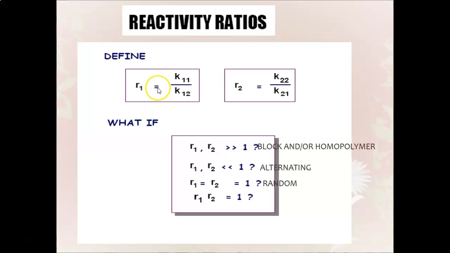r1 is the ratio of the propagation rate constant for the addition of monomer 1 and addition of monomer 2 to a propagating radical chain with monomer 1 at the radical end. So for r2, we have the ratio of the propagation rate constant for the addition of monomer 2 and addition of monomer 1 to a propagating radical chain with monomer 2 at the radical end.